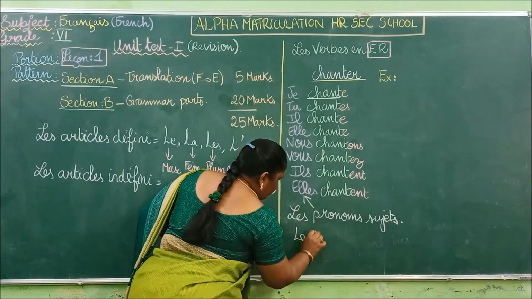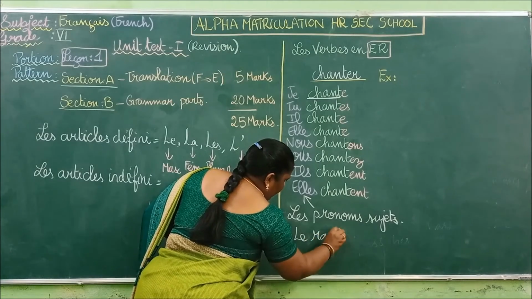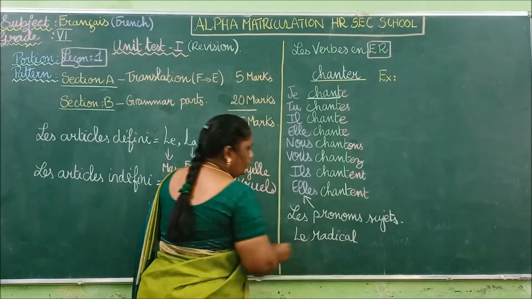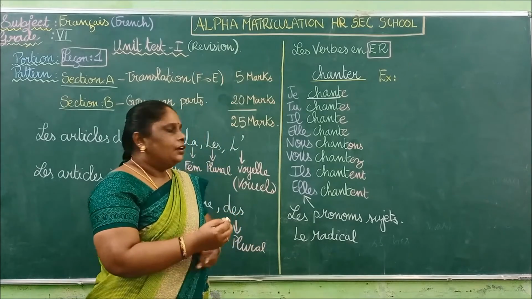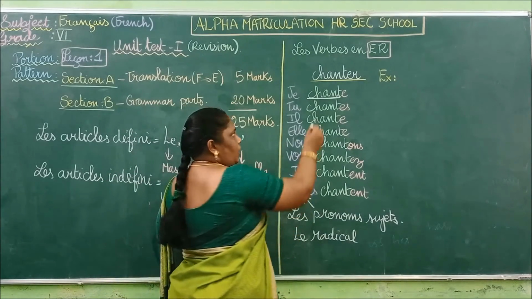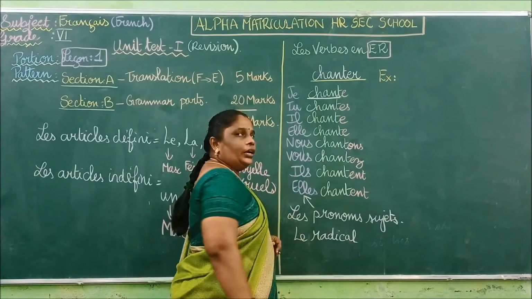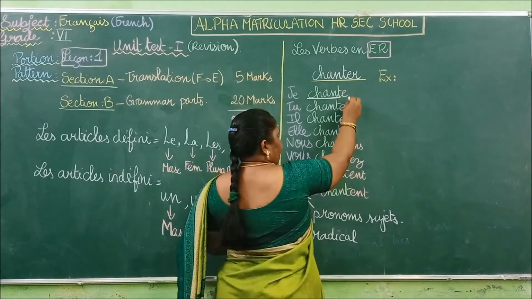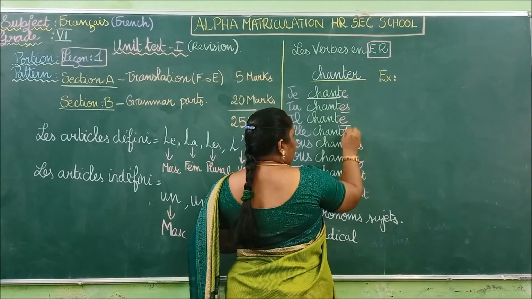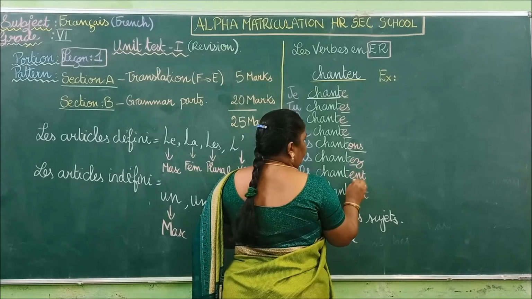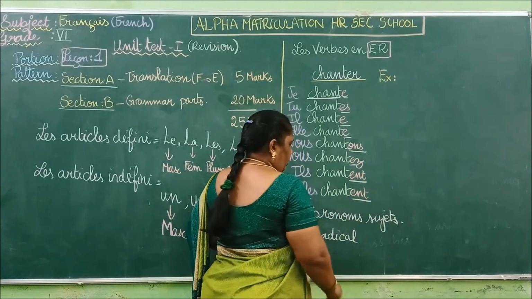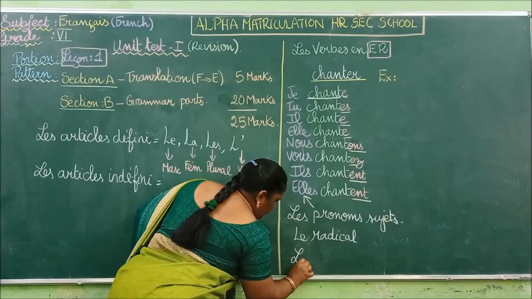Okay, so we have seen le radical. Le radical is a half part of the verb. And here we have the ending. So that is called la terminaison.